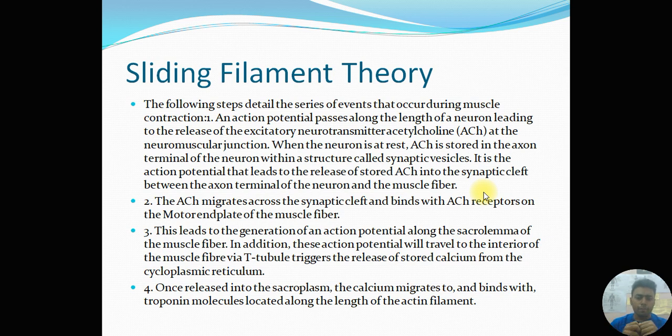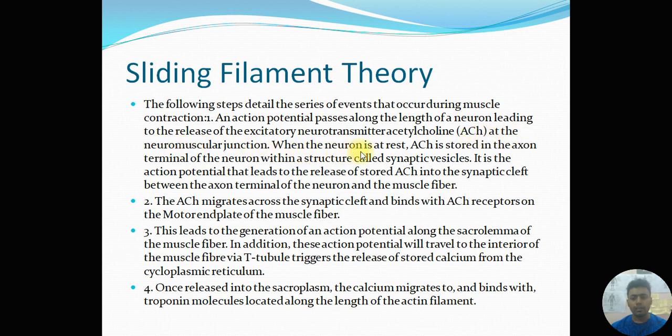I'm going to read this and then explain it. The following steps detail the series of events that occur in muscle contraction. One, an action potential passes along the length of the neuron, leading to the release of the excitatory neurotransmitter acetylcholine (ACH) at the neuromuscular junction.